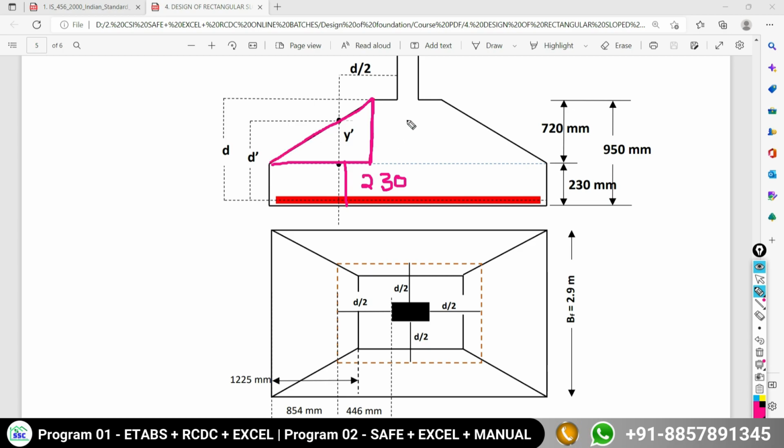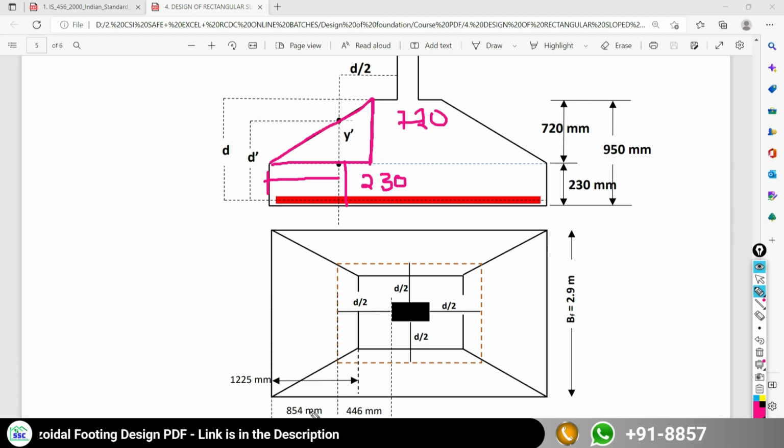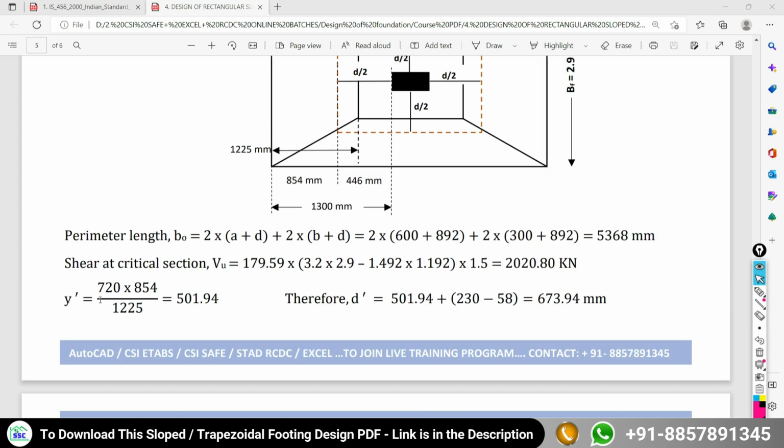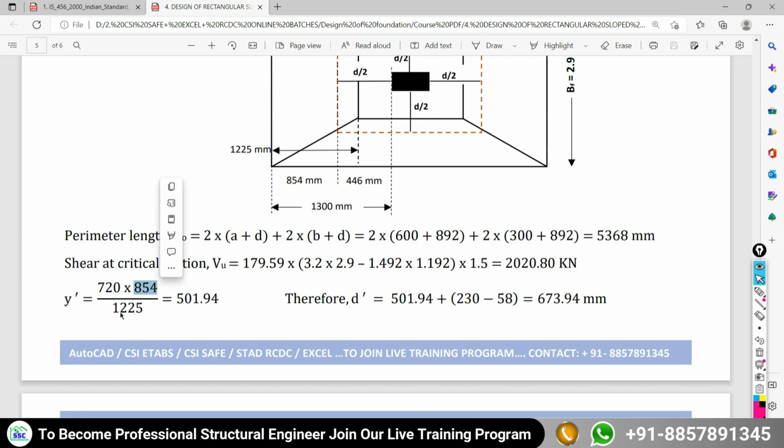Here the depth is 720, this projection is 554, and the total projection is 1225 mm. With all of these values, I calculate y dash: 720 multiplied by 854 divided by 1225. Then we get the value of y dash as 501.94 mm.